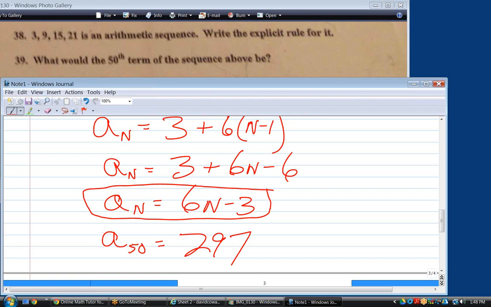Okay, notice that if we wanted the third term, it would come out to be 15. Well, that's 15 right there. If we wanted the fourth term, it would come out to be 21. The 50th term was 297. Well, it's much easier to figure out the 50th term by using that formula than it is to count out 46 more terms.